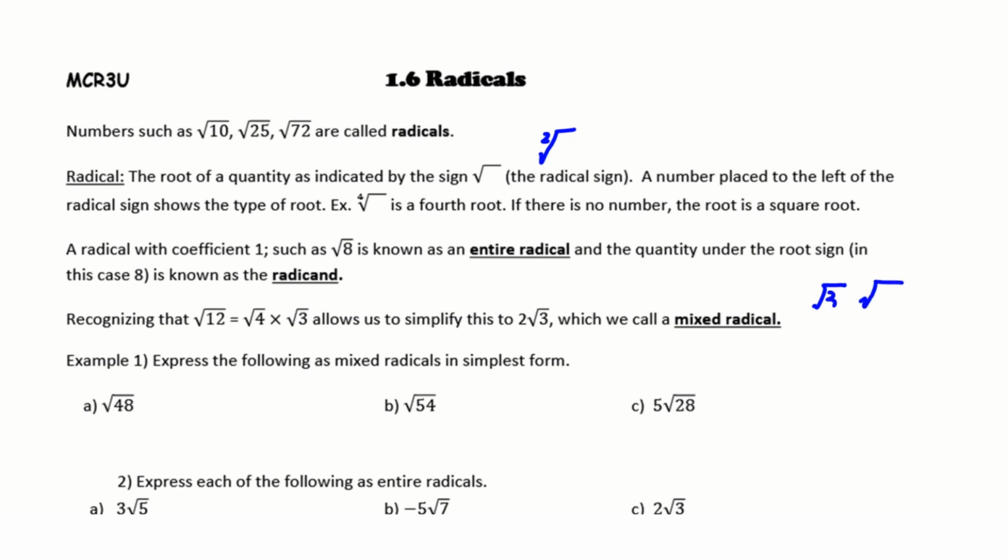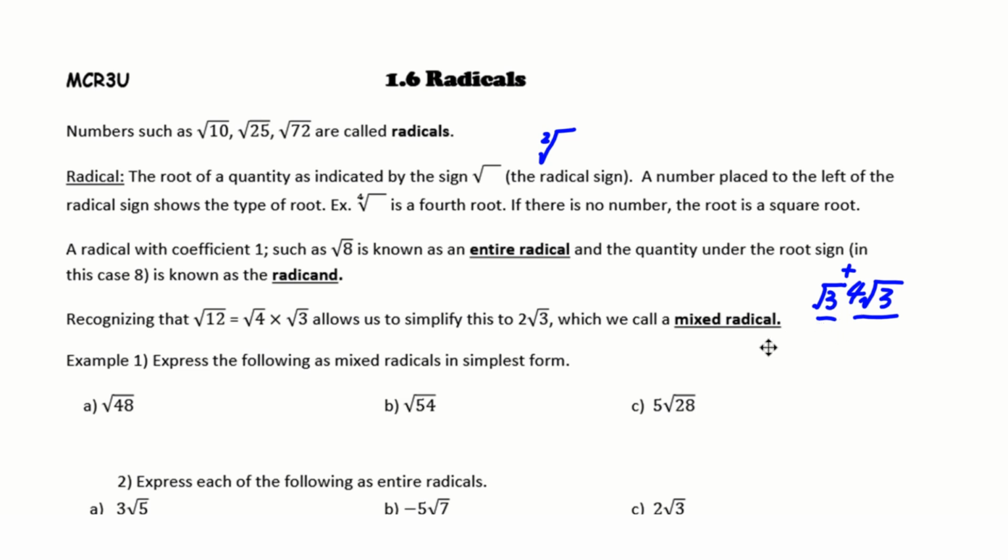For example, 3 square root 3 and 4 times square root 3. These two terms we call like terms. We could add and subtract those like terms together.